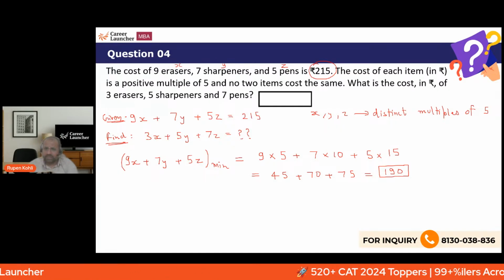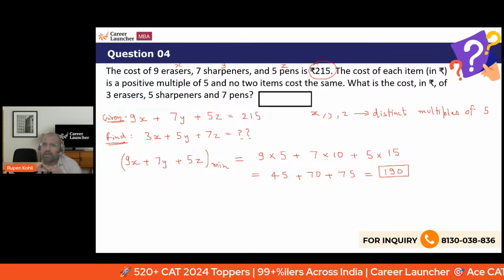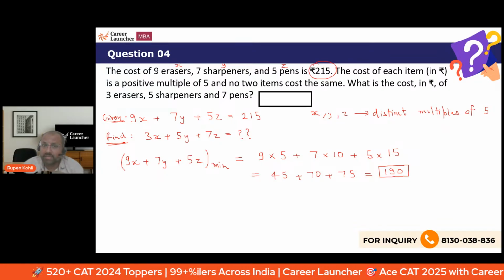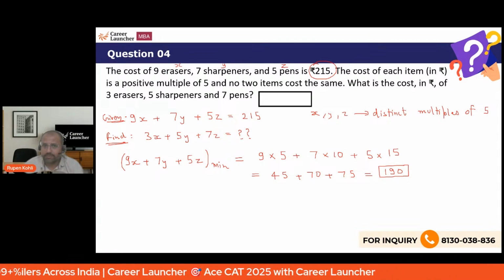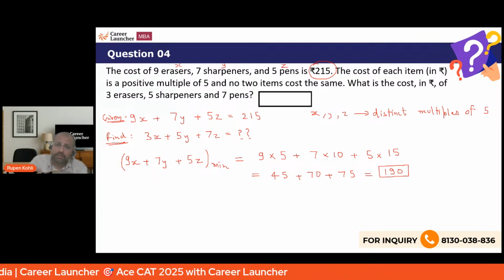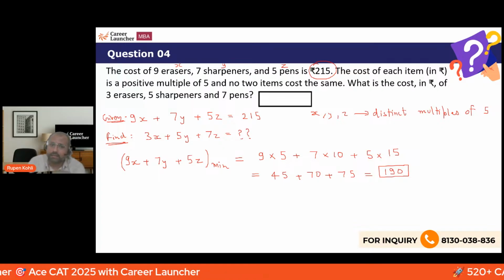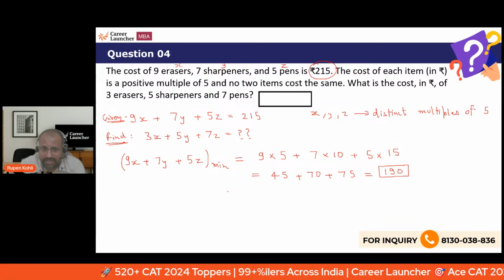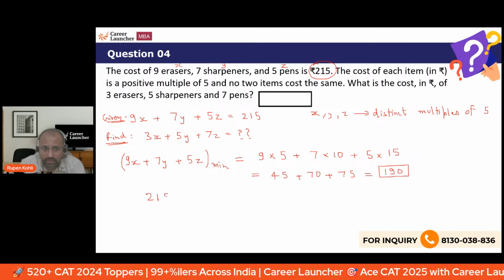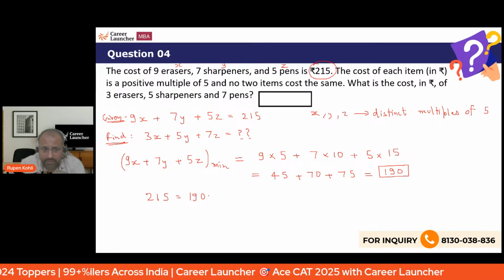Now just think that this was the minimum that you could have spent, 190. If you have to spend exactly 25 rupees more, how would you spend that? Obviously you have to increase only the cost of something. You cannot change the number of items bought, right? So the actual value is not 190. We know it is actually 215. 215 is 190 plus 25.